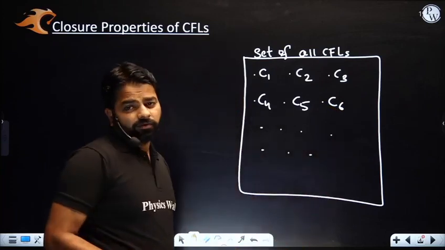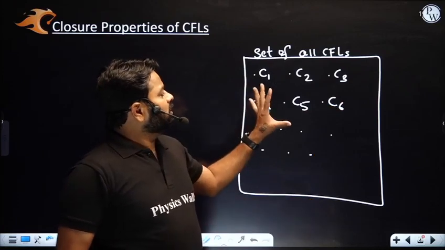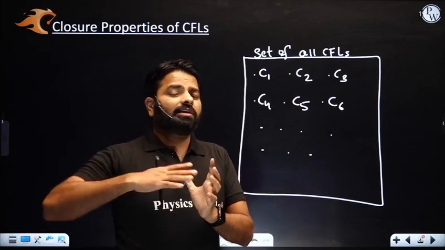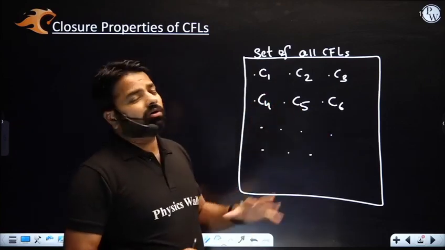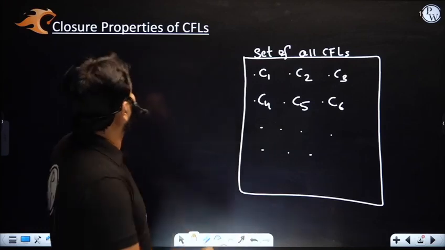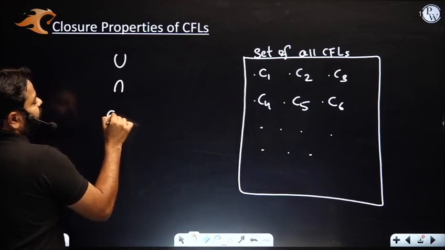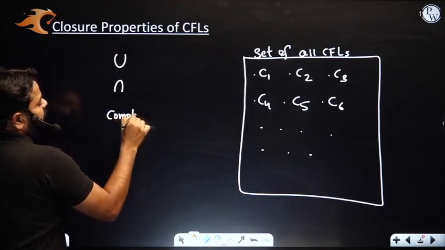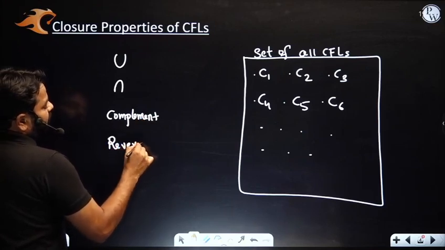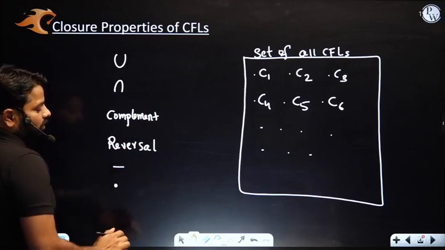Again, infinite CFLs are present over any sigma. So the domain is different compared to the previous one: the previous one is all DCFLs and this one is all CFLs. Again, we are going to apply various closure properties, like union, intersection, complement, reversal, set difference and concatenation, and so on.